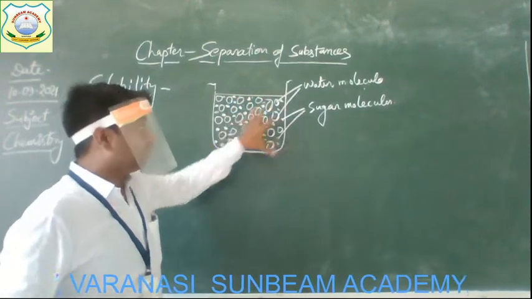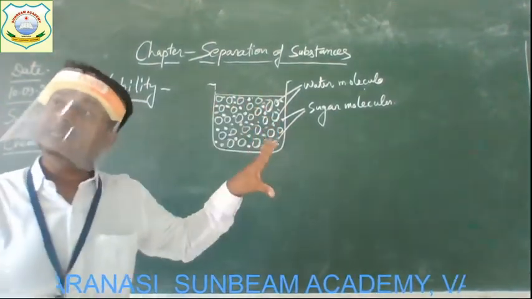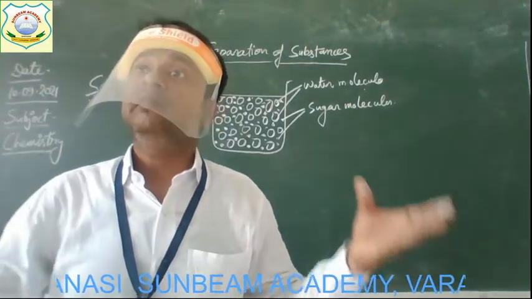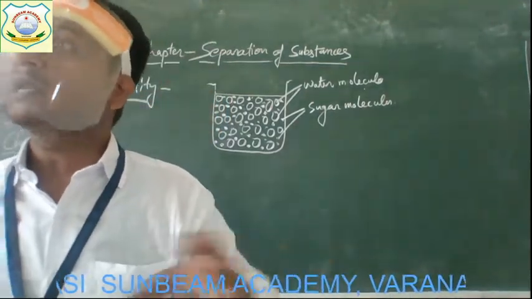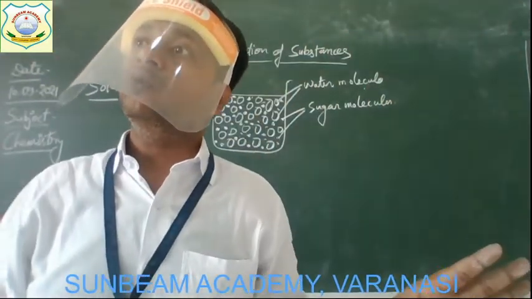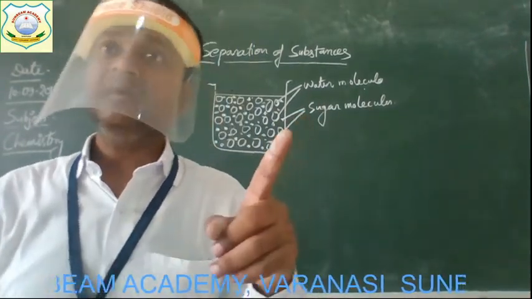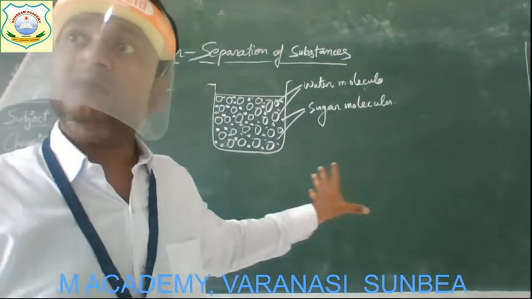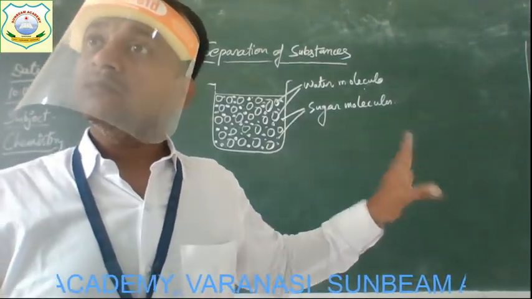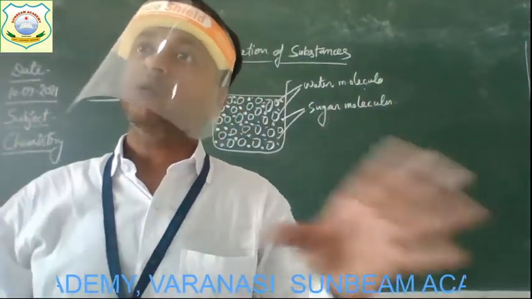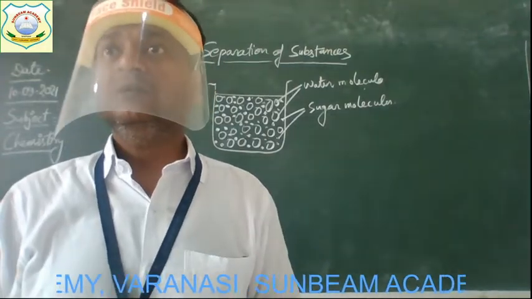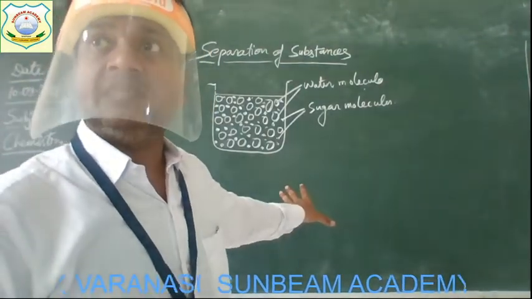No, everywhere the same sweetness is there. It means the molecules of sugar spread equally in the overall water. That is why this solution tastes equally sweet in all parts of the glass.